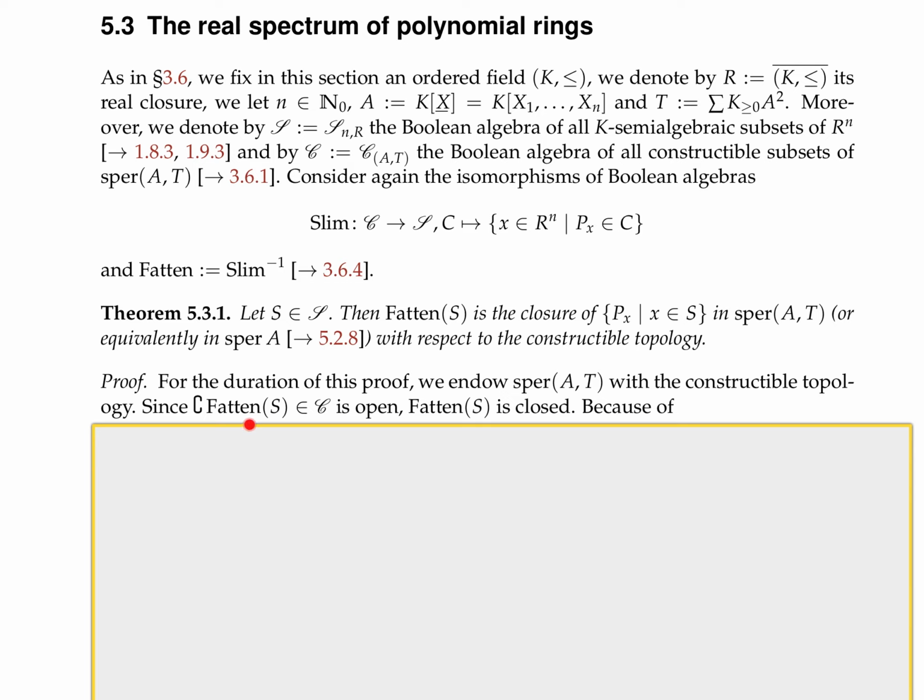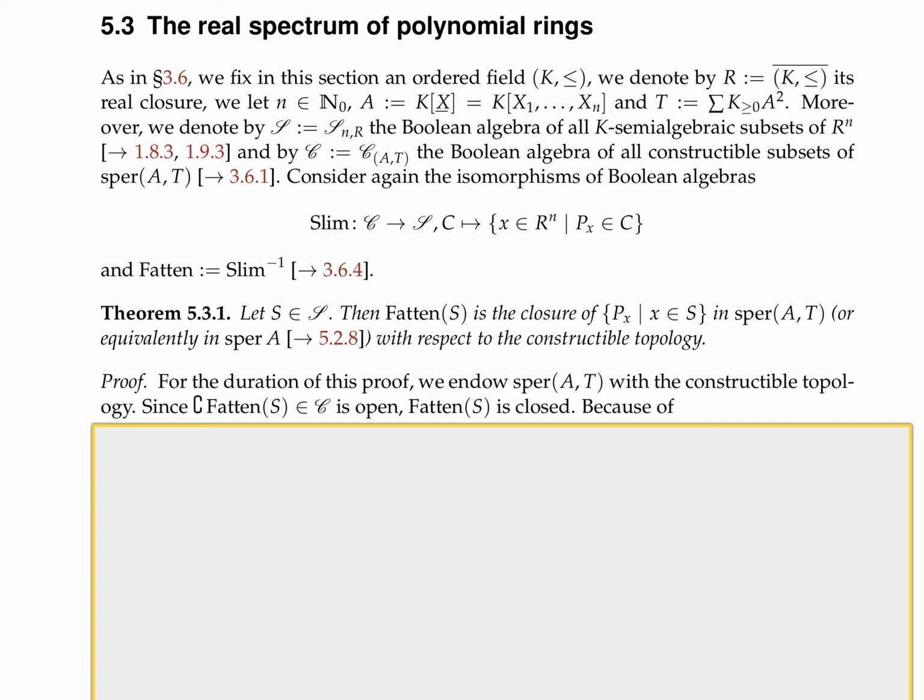Since the complement of the fattening of S, we know the fattening is a constructible set, and its complement is therefore also constructible, and it is open in the constructible topology simply because it is constructible. I mean, the constructible topology is the one generated by constructible sets.